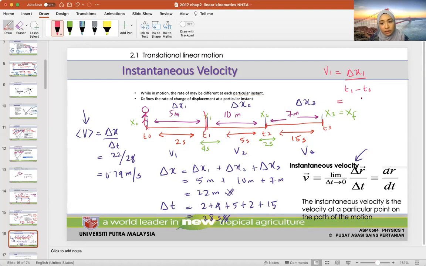Okay, so let's calculate for that. So 5 meter divided by 2 second. This is 5 divided by 2 is 0.25 meter per second. So dia agak lambat. Lambat kan? Okay. 5 divided by 2. Betul lah. 2.5.